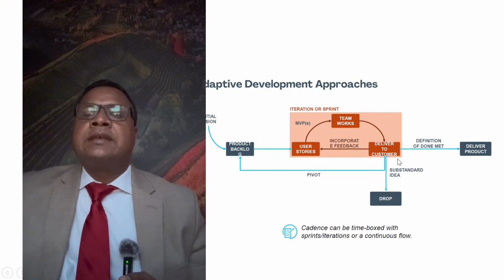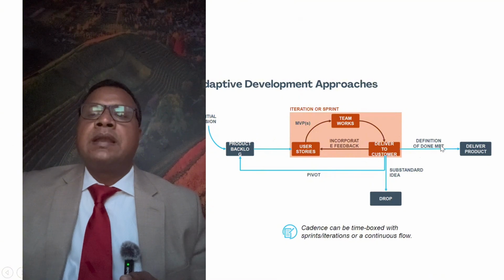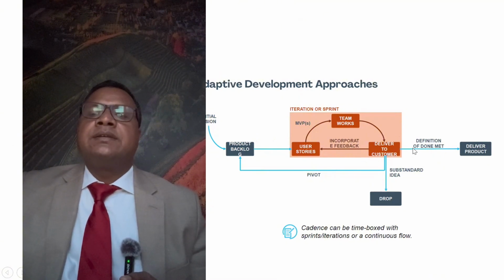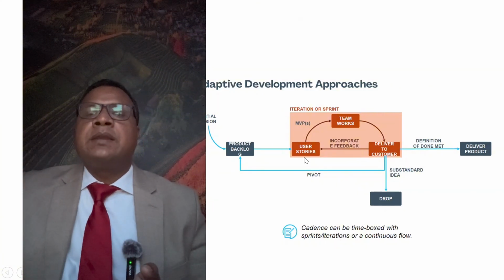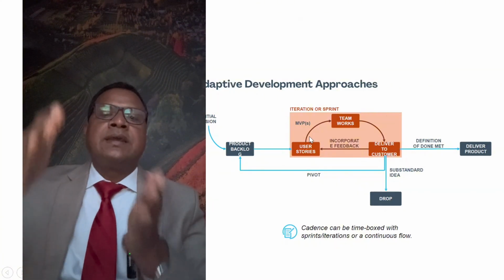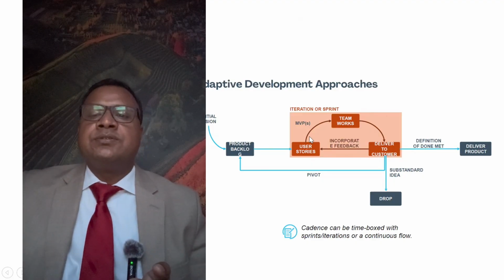So as long as we are not finding the definition of done met, I mean the customer is satisfied or the product owner is satisfied, this process will be happening again and again. That's why it is called an iterative process. It can be time boxed with a fixed, specific time. It can happen within a cadence, step by step. So this cadence will happen again and again.